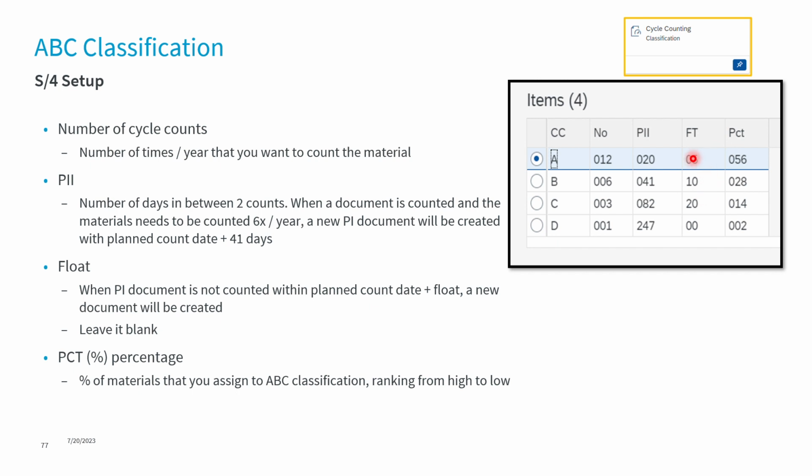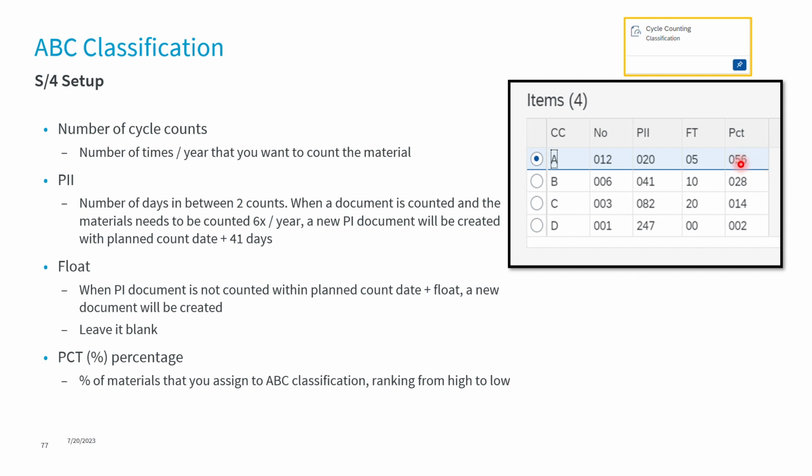Then moving on to the float. Float is nothing but the number of working days, which is the buffer to complete the physical count. Once we generate the cycle counting document, we keep this as a buffer: 5 for A category, 10 for B category, 20 for C category, and 0 is mentioned for D category.